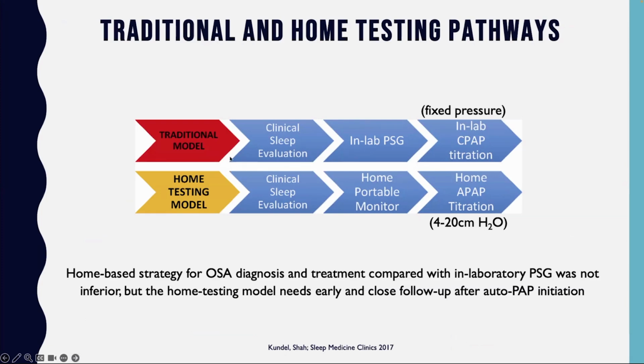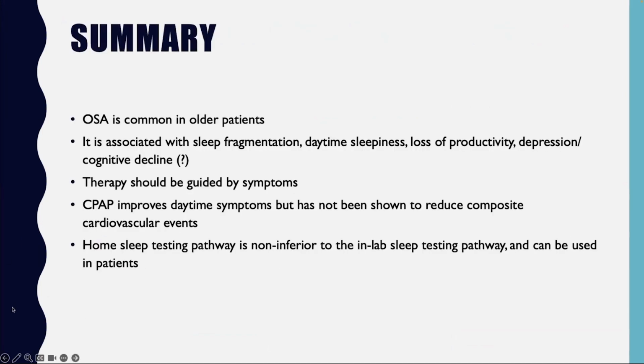And so it's appropriate to use in the right patient, the patient who doesn't have other comorbid sleep disorders, where you have a high pretest probability for sleep apnea and they don't have any other cardiopulmonary disease. So in summary, sleep apnea is very common in older patients.